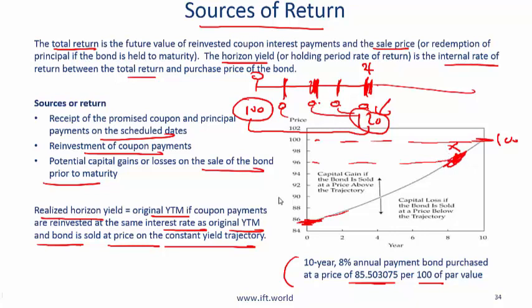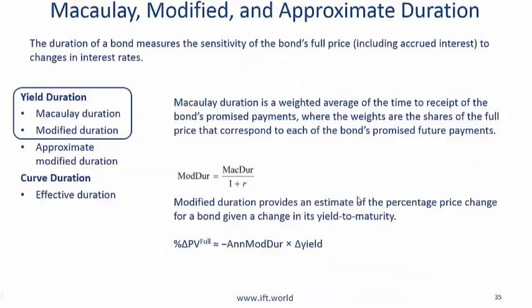That's one point. Another point is that between your initial investment and whenever you sell, for you to have a return equal to YTM, you need to reinvest your coupon payments at the YTM rate. If you can reinvest at higher rates, then your realized return will actually be higher than YTM.